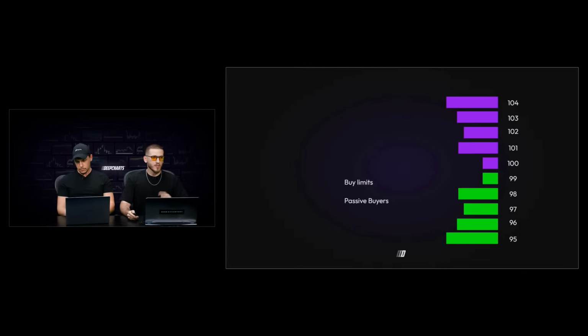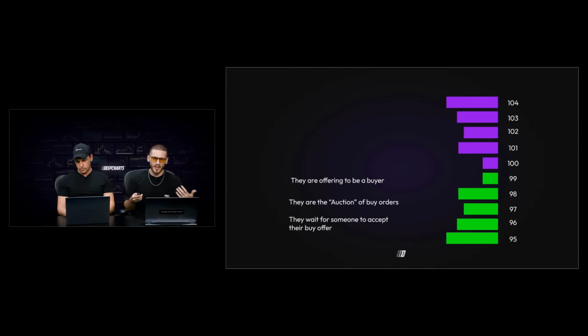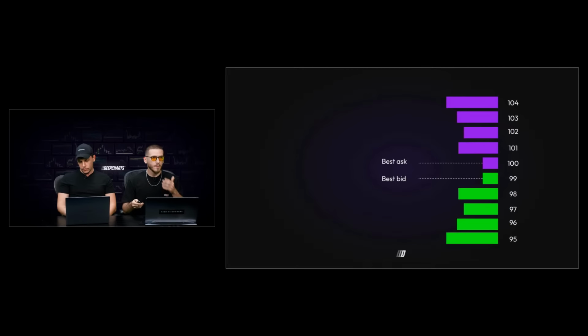Below here you have buy limits, passive buyers, which are called the bid. So they're offering to be a buyer. They are the auction of buy orders. So they wait for someone to accept their buy offer. So it's a double auction. You have an auction of sell liquidity and an auction of buy liquidity. We call this the best bid and the best ask. But again, these are resting orders. They offer liquidity, just like paintings sold at an auction.